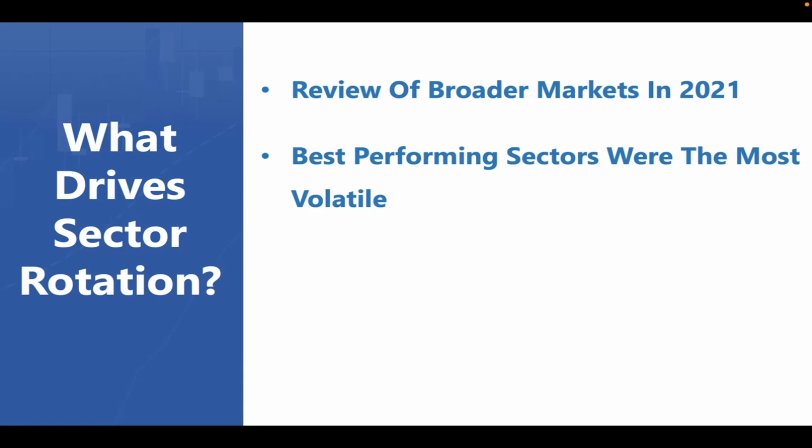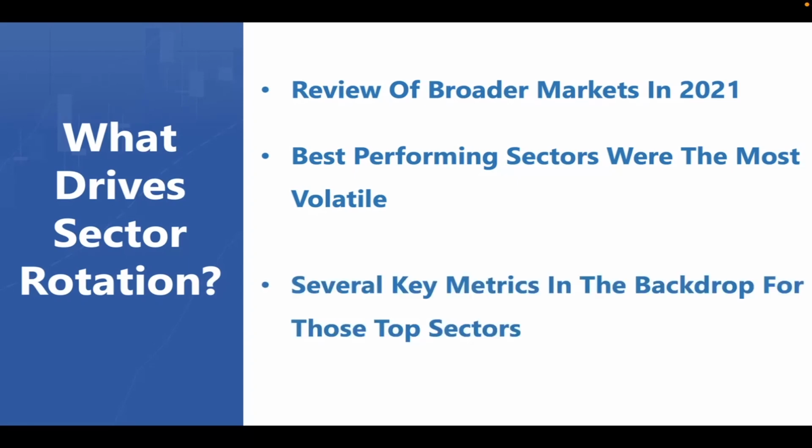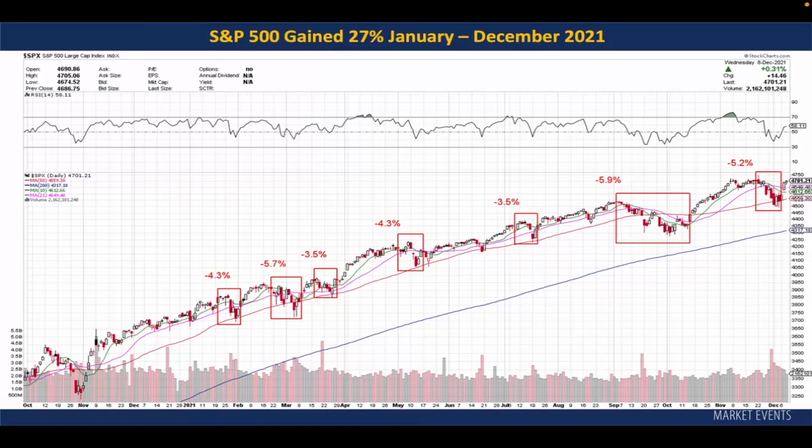I'm going to share with you the fact that the best performing sectors in 2021 were, in fact, the most volatile. We're also going to talk about some of the key metrics that were a backdrop in the volatility among these top performing sectors. So let's take a look here.